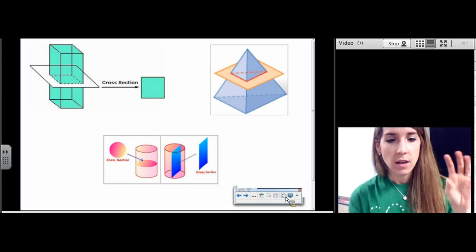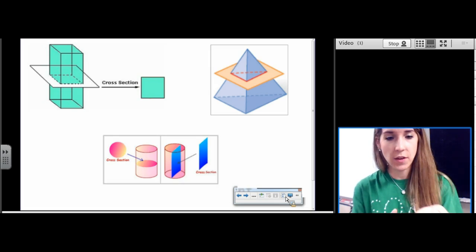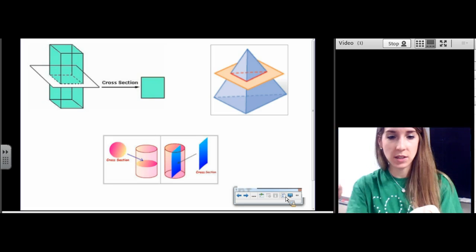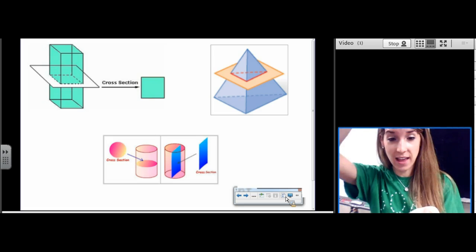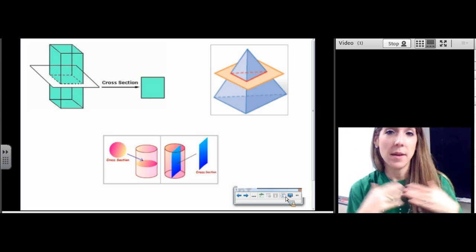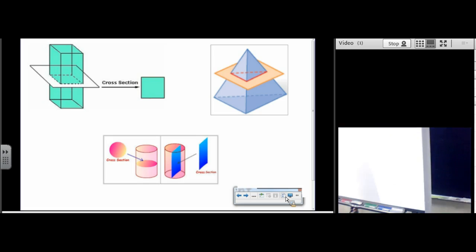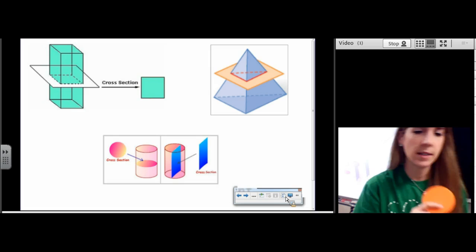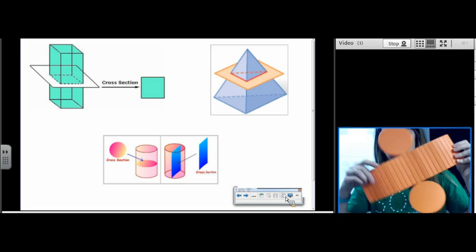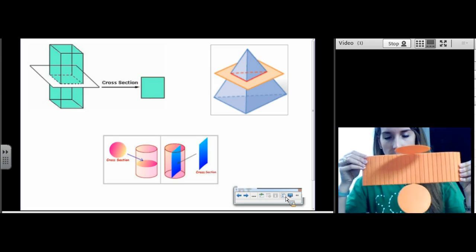And in this cylinder, if you're parallel to the base, it would be a circle. If you are parallel to the lateral edge, it would be a rectangle because the lateral face of a cylinder is a rectangle. We haven't done cylinders yet, but when you look at the net, it is a rectangle.